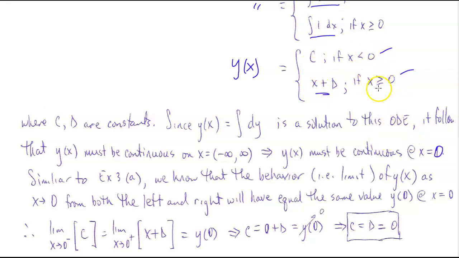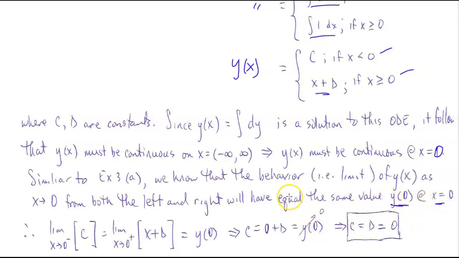So that's why we're particularly worried about the behavior of the function at x equals 0. So similar to example 3a that we did earlier, if we know that the behavior, that is to say the limit of y of x as x approaches 0 from both the left and the right, it's going to have the same value of y of 0 at x equals 0.